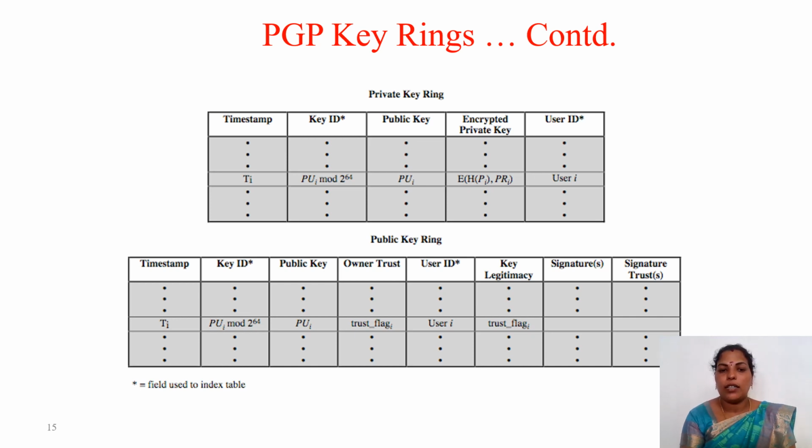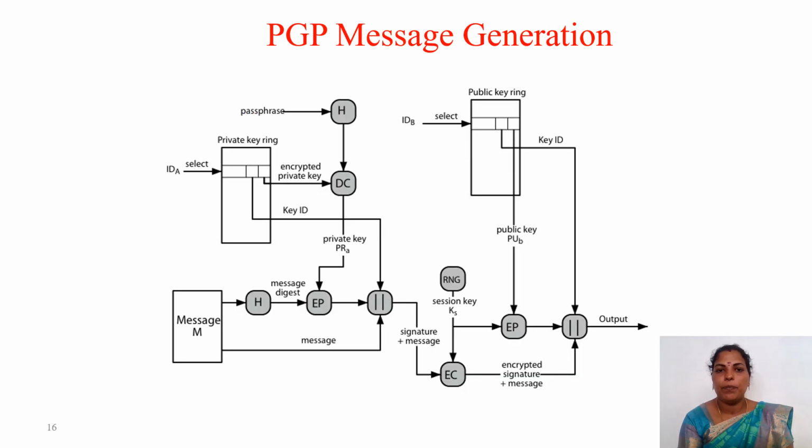The star on the key ID field means this field is used to index the table, because everyone has a unique ID, and the ID is used to index names and so on. So here also, in order to index the tables, the ID plays a role. These are the PGP key ring formats.